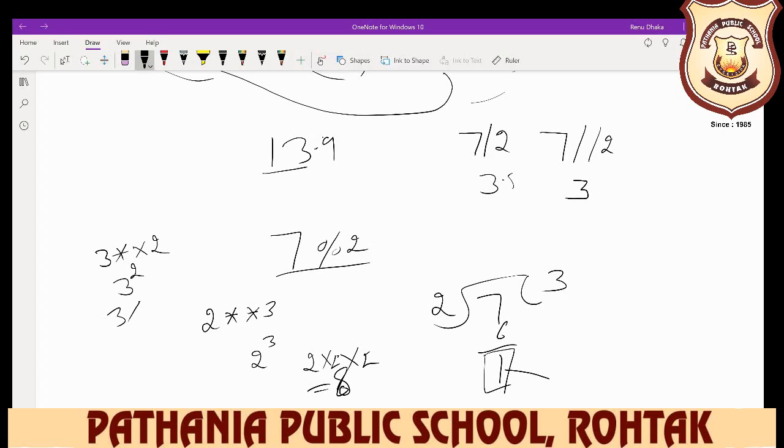So 3 multiply 3, 3 threes are 9. So this is the function and the answer of your exponential operator. Clear? So these all are your arithmetic operators.